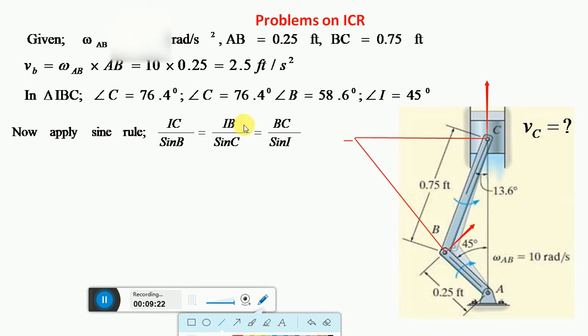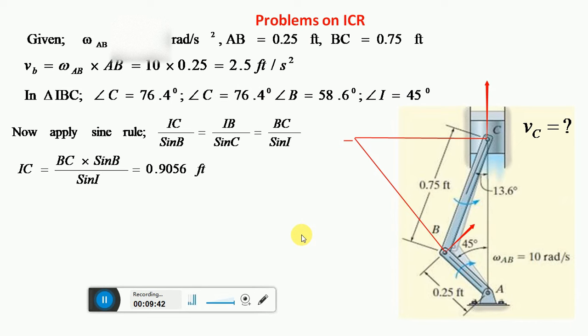Now we need to find IC and IB. BC we know is given as 0.75 feet. Angles B, C and I we have already found. So how do we find IC?